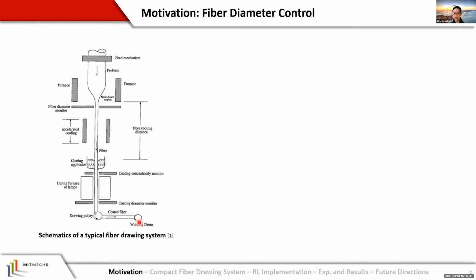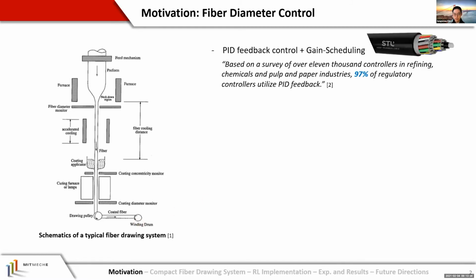The most critical requirement for the process is to keep the fiber diameter at a desired set point. Therefore, there has been a lot of effort to develop a controller for regulating the fiber diameter in both industry and academia. Most fiber drawing processes in industry utilize PID feedback control.